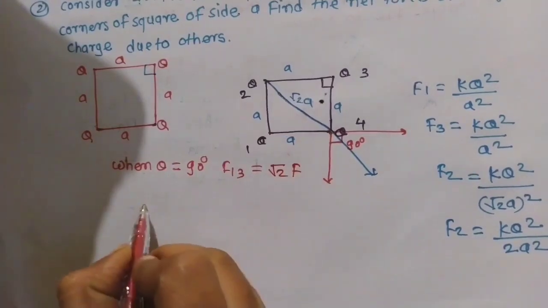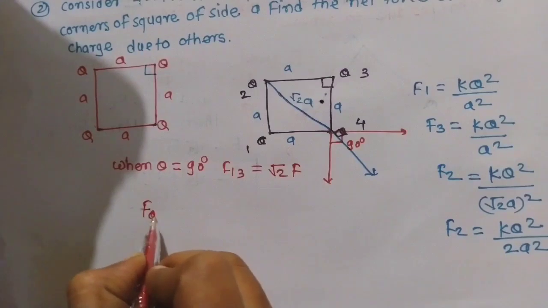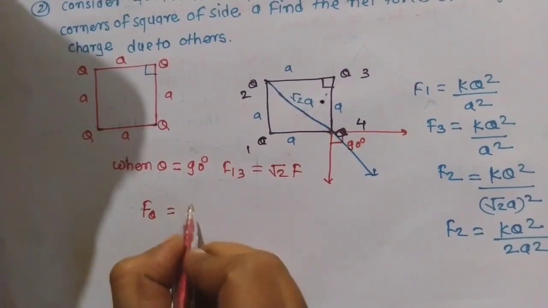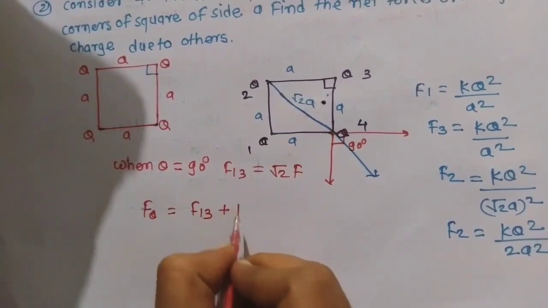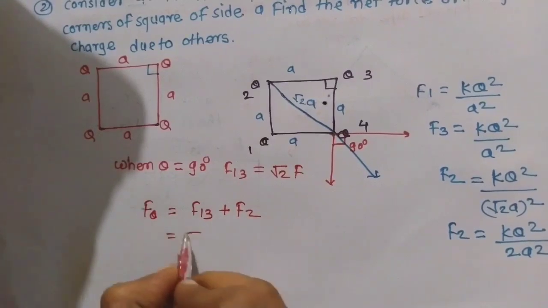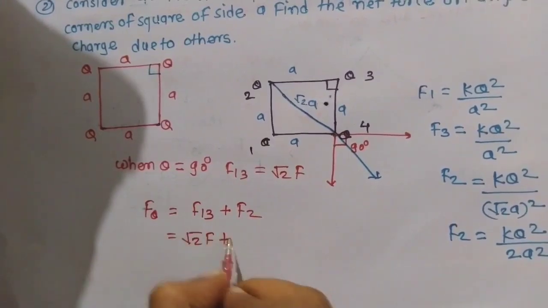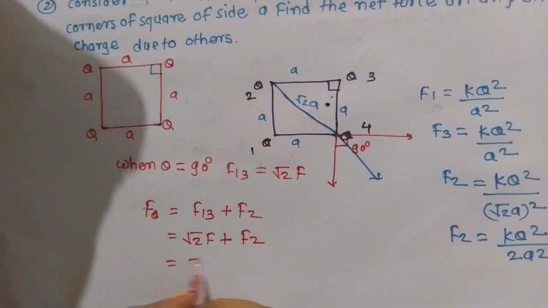So F4 is equal to F13 plus F2. That is F13 is root 2 F plus F2.